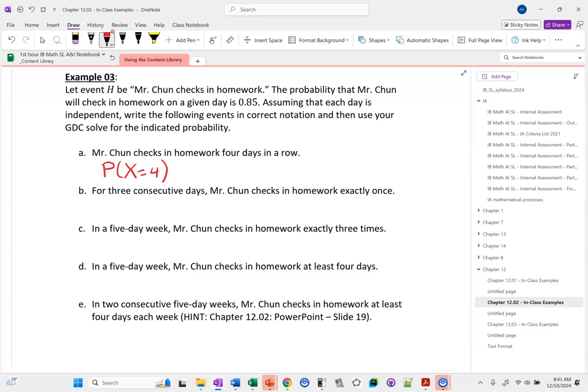So to do that, what am I going to type in? Four days in a row is the key here because we're not told the number of trials in the problem.